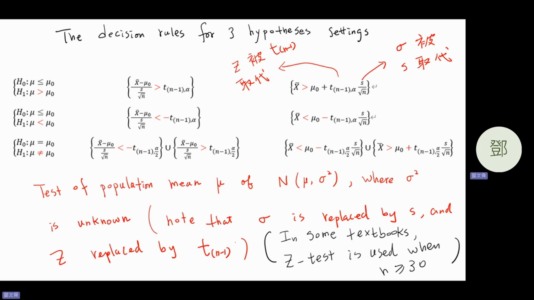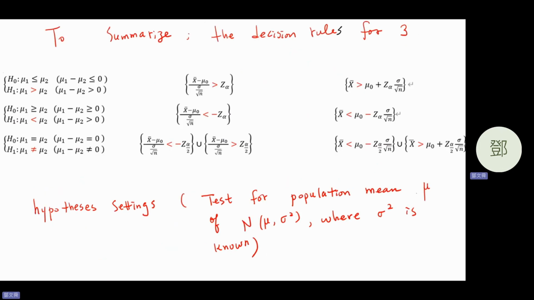Now we have 6 decision rules. 3 in the previous slide, and currently we have 3 more. But in fact, there are only 3 to remember. The 3 to remember can be reduced to 1.